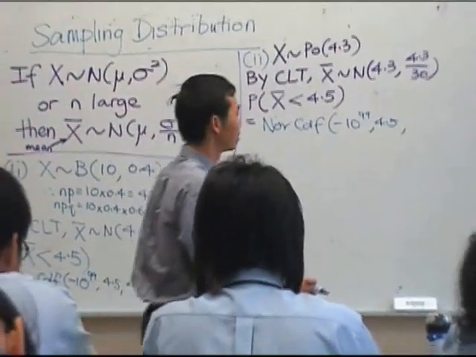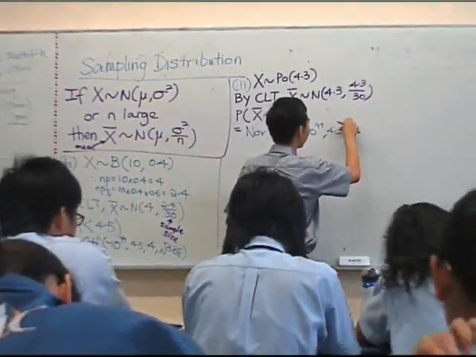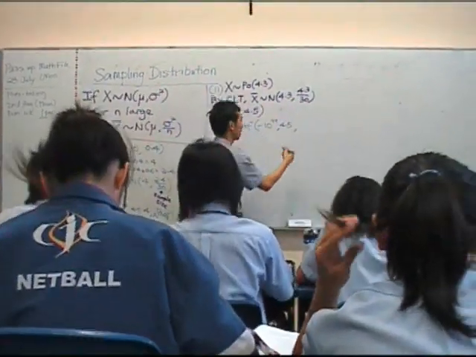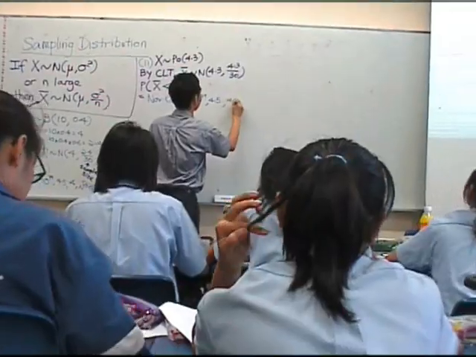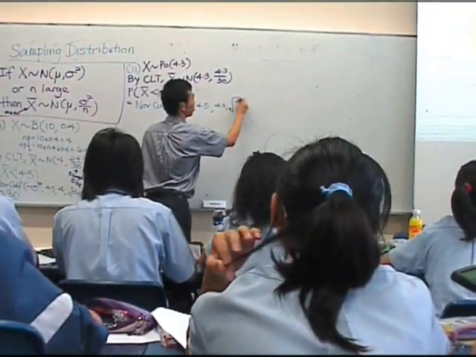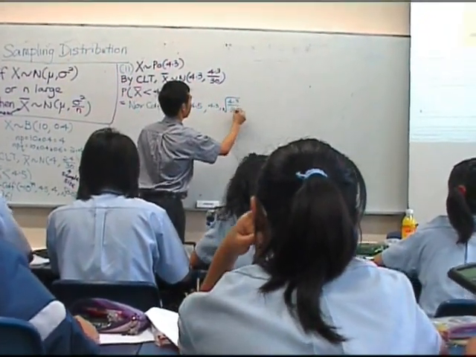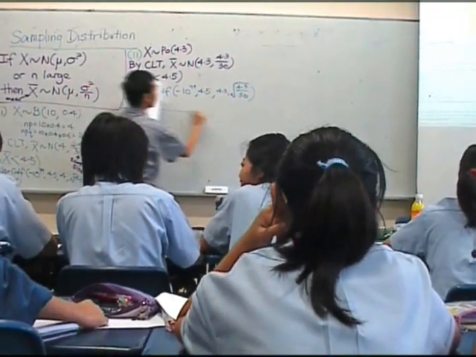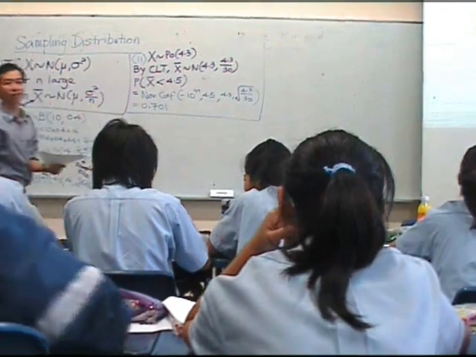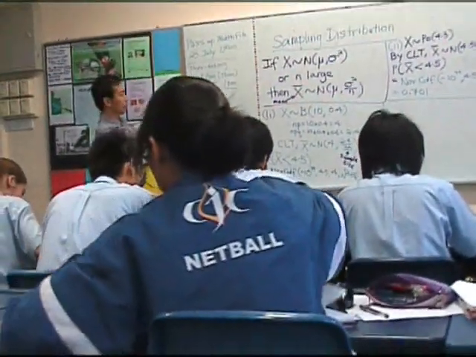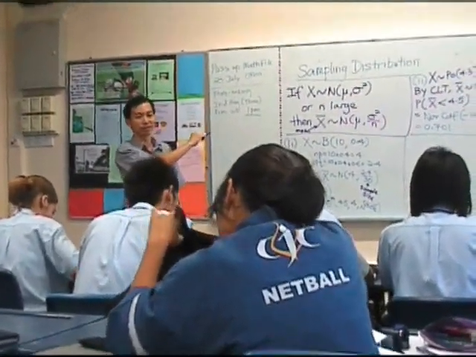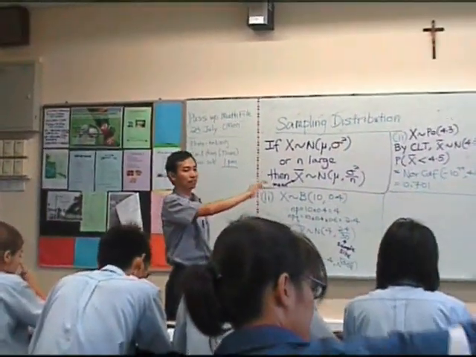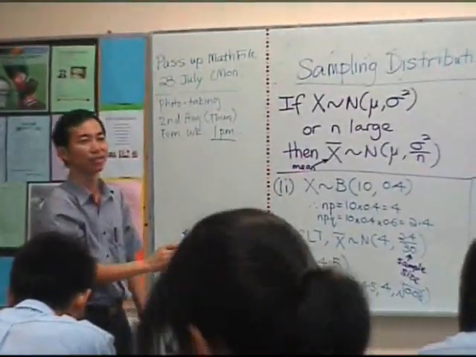Most of these functions are not done, but when you see the mean and variance both with the same value, remember the sigma, you have to find the square root of the variance. Then you get a nice answer. In fact these two parts are a bit harder because you have to calculate the mean and variance yourself. Most of the other questions, the mean and variance are already given in the question.